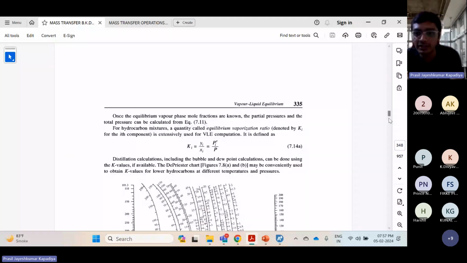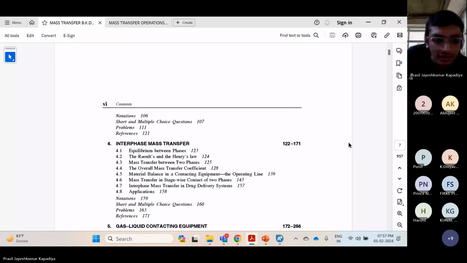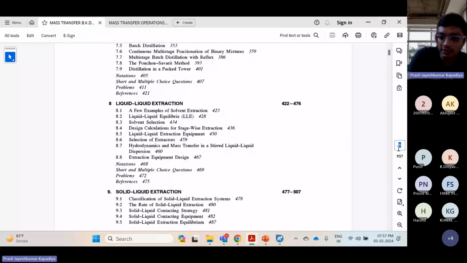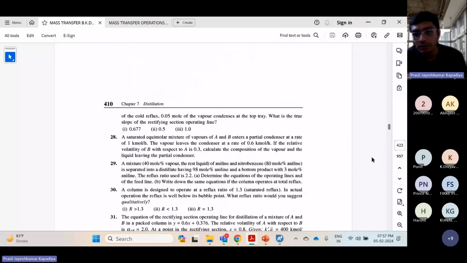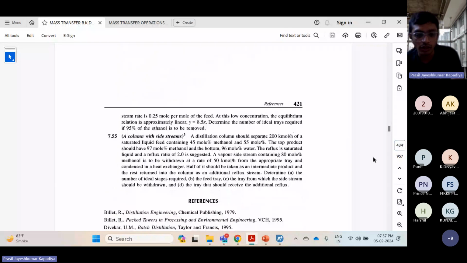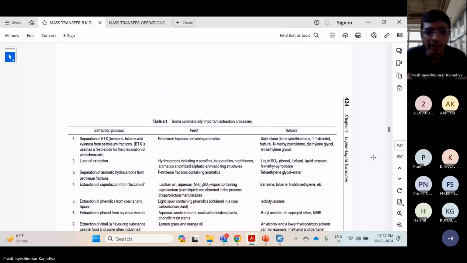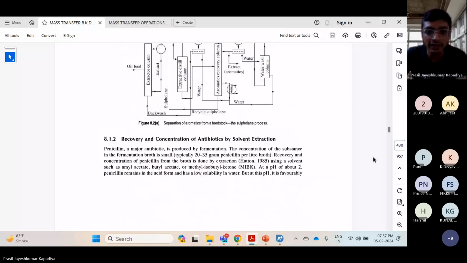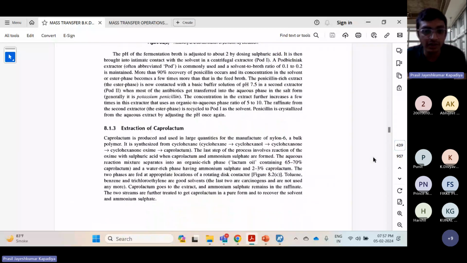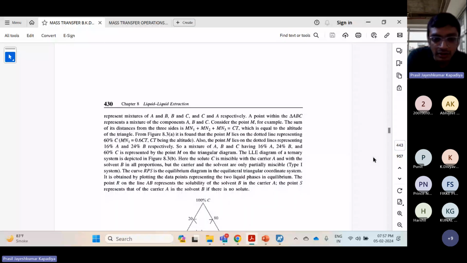Mixer settler is a single stage liquid extraction unit in which we add solvent and our feed, mix it, and then allow it to settle down. When it settles down, it forms two phases: one is the extract rich phase and one is the raffinate phase. So that is mixer settler.